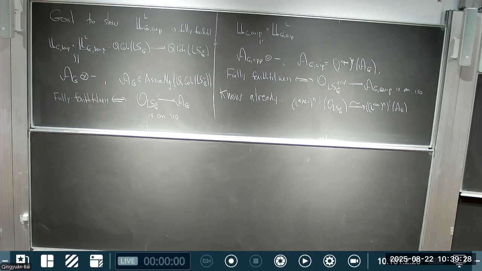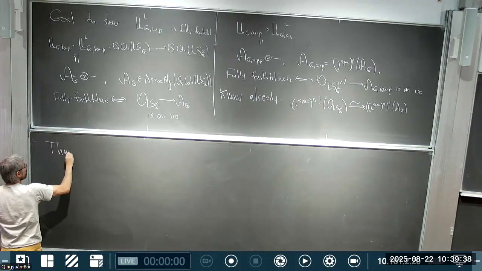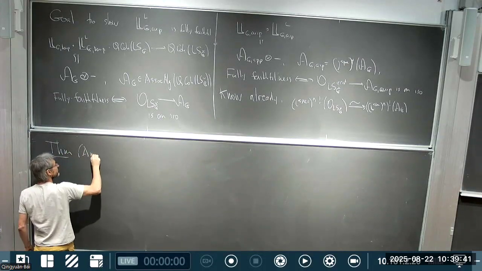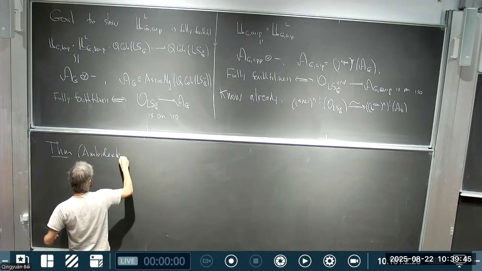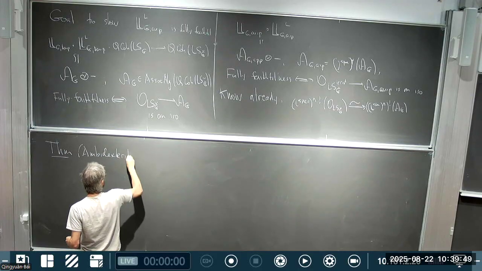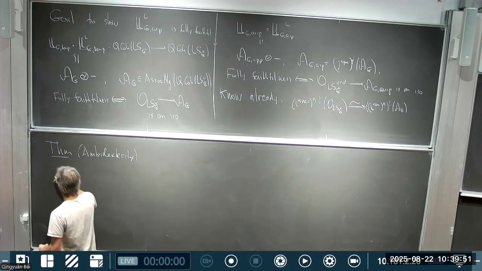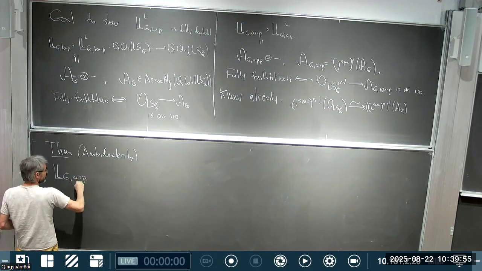All right. So now I'll say something drastic, which will be the theorem that will occupy this talk and the talk by Lynn. It's called ambidexterity. It says the following: that the functor LG plus is ambidextrous.